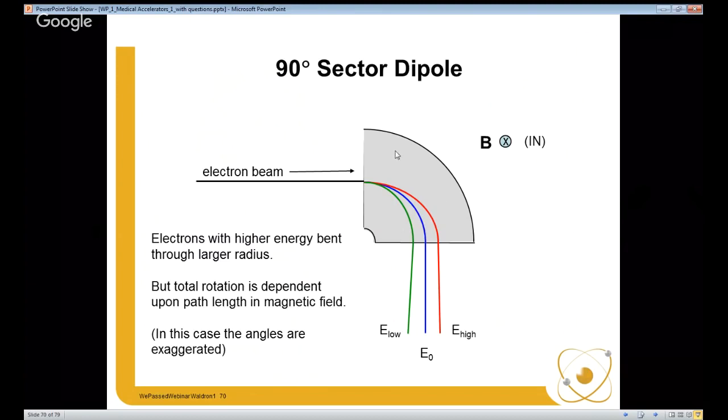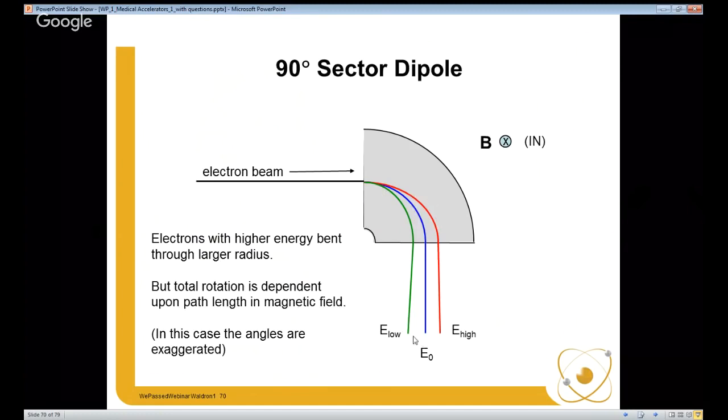We can take advantage of this in our LINAC if we have an electron beam that is entering a 90-degree sector dipole. So here the magnetic field is into the slide. Electrons with higher energy are going to be bent through a larger radius. That's the red line.